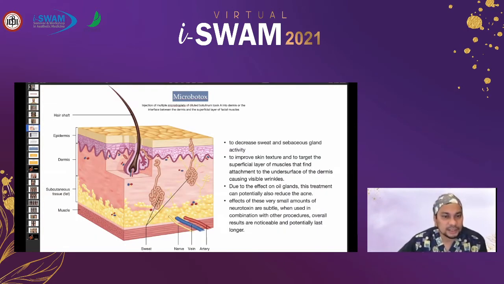And then this is another thing that we have to remember together: the structures of the skin. I believe this is just a common picture. Epidermis, dermis, subcutaneous fat, and the muscle.